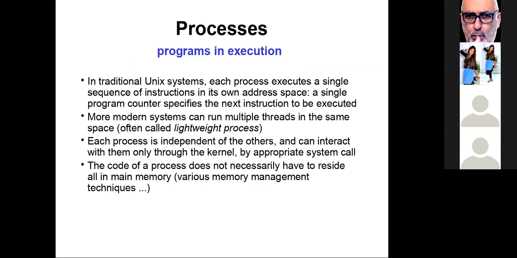The kernel mode is a hardware configuration in which the code that is running, the kernel in particular, is able to control completely the machine and execute any kind of instruction, because there are machine instructions that are reserved to the kernel mode. The user mode is the modality in which user programs run, and there are limitations.